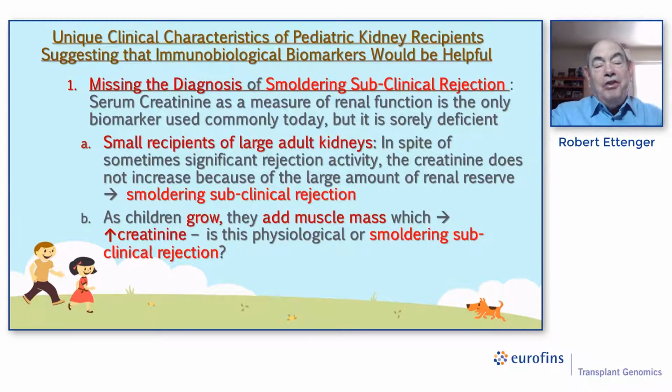Thus, smoldering subclinical rejection can go on without detection by the serum creatinine. Moreover, as children grow, they add muscle mass, which leads to an increase in creatinine. So we always ask ourselves when we see this, is this physiological change, or are we actually watching smoldering subclinical rejection?